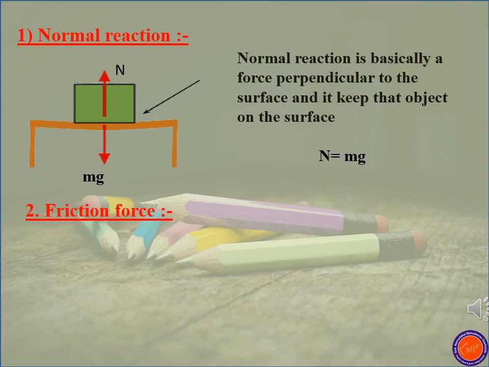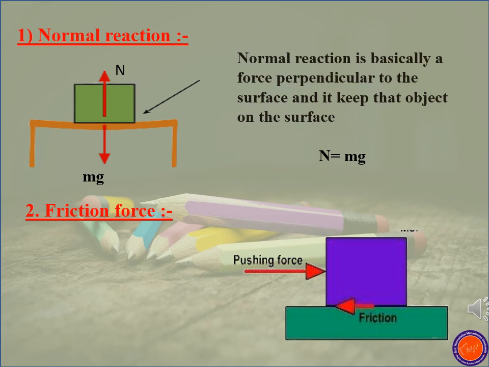Second is friction force. Friction is a force between two surfaces that are sliding or trying to slide across each other. You see in this picture. Friction always works in the direction opposite to the direction in which the object is moving or trying to move.